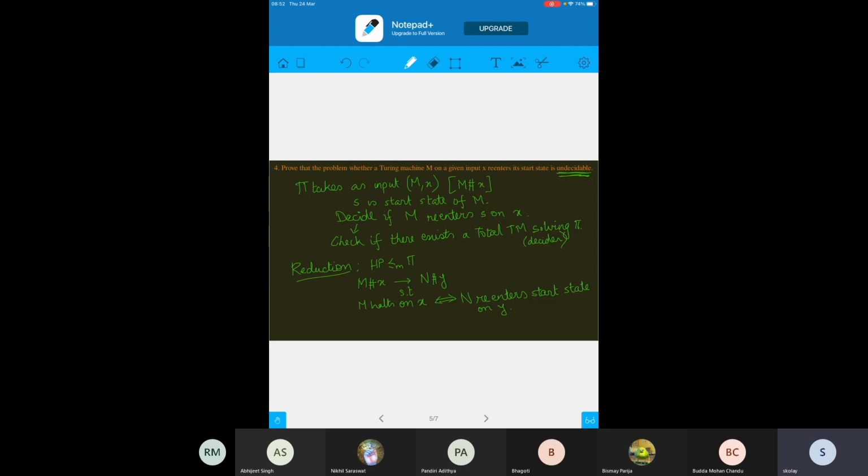Can you think of easy additions to M such that you can construct N and y from M and x such that if M halts on x, you can ensure that N re-enters the start state, otherwise not?